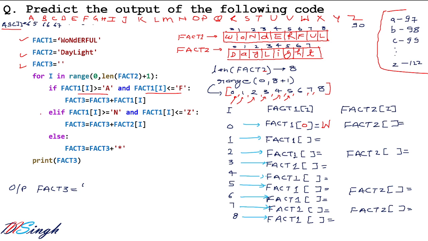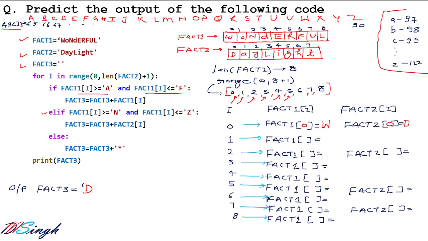So this elif is satisfied. The elif part says: whatever index you have in i, go to the fact2 variable, and the value at that index should be concatenated to the fact3 variable. The value of i is 0, and at index 0 in fact2 what is available? D. So we write D here, and D is concatenated to our fact3 string.